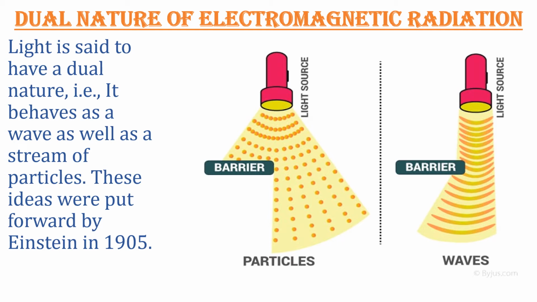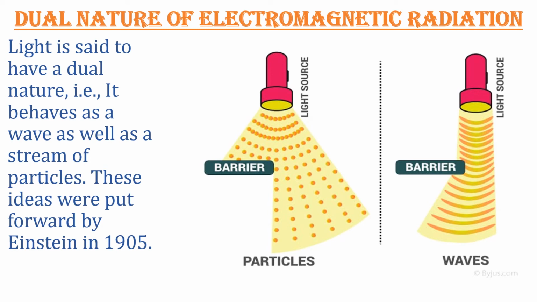From this we conclude that some properties of light, or in general any radiation, like interference, diffraction, etc., can be explained only if we consider light to have wave nature, whereas other properties such as black body radiation and the photoelectric effect can be explained if we consider light to have particle nature.